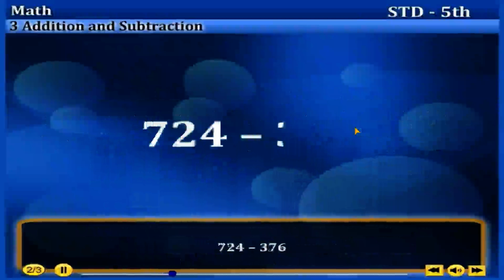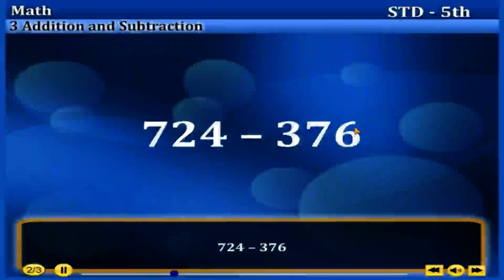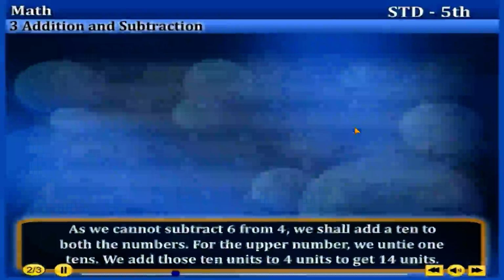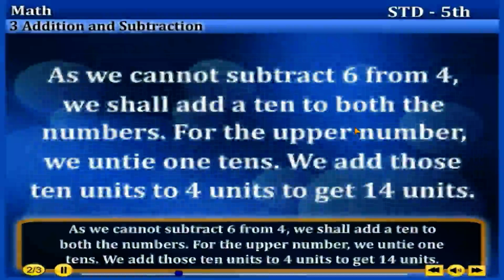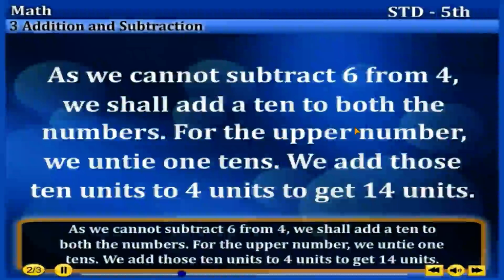724 minus 376. As we cannot subtract 6 from 4, we shall add a 10 to both the numbers. For the upper number, we untie 1 ten.